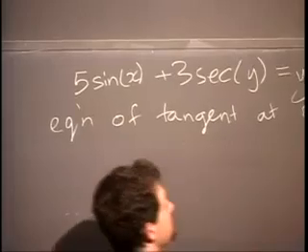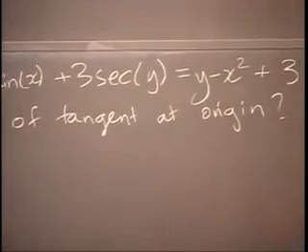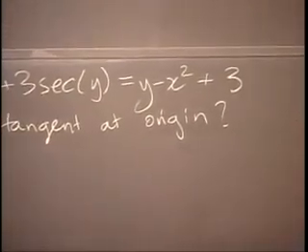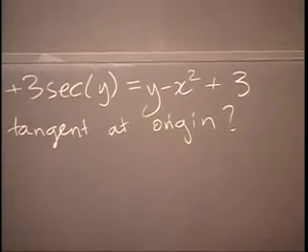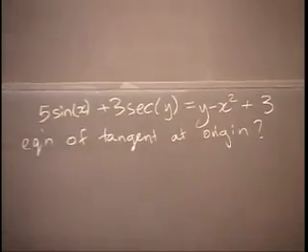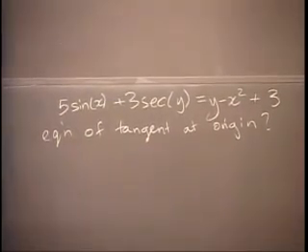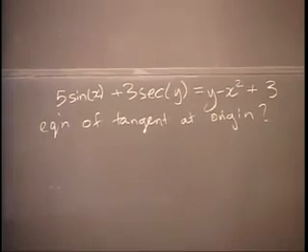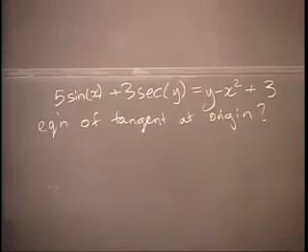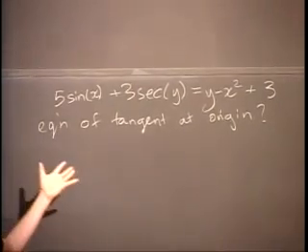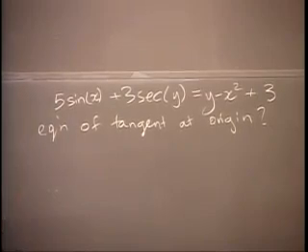Okay, this is an example where you can't really solve this for y. You cannot make y the subject of that equation. So you don't even have the option, as we did, of taking square roots or anything like that. It's got to be an implicit equation like this.